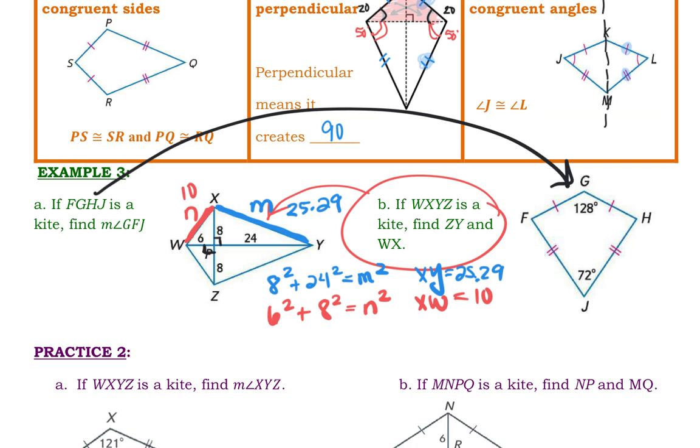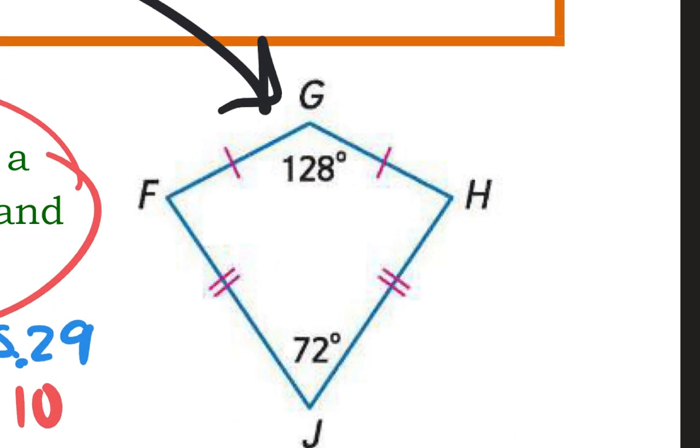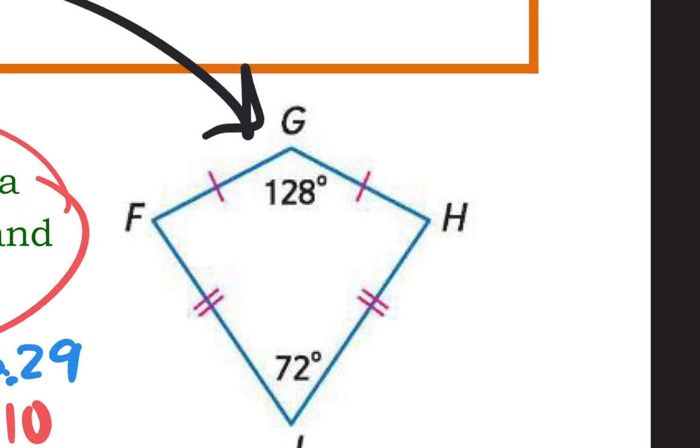It says, if FGHJ is a kite, find me the measurement of angle GFJ. They want to know this one. What else do we know about that angle? It's equal to the other one, right?